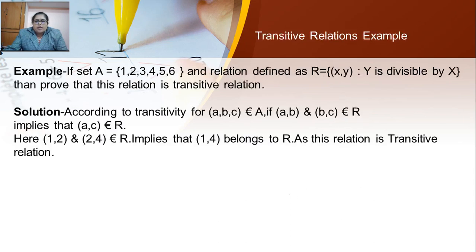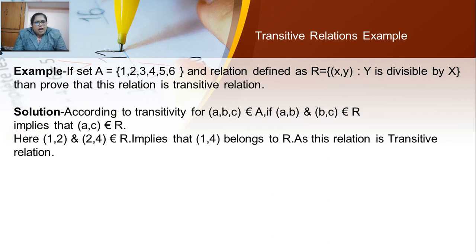Okay, now we have to prove a transitive relation with this example. If set A is {1, 2, 3, 4, 5, 6} and relation is defined as R equals {(x,y) such that y is divisible by x}, then prove that this relation is a transitive relation.